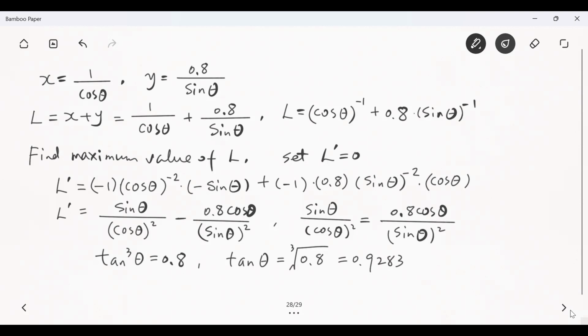So tan theta is 0.9283. So theta equals inverse tan of 0.9283. The value is 0.748 rad. Only one solution because theta is less than 90 degrees.